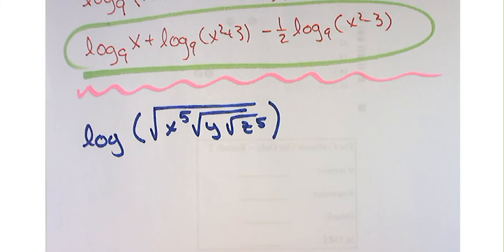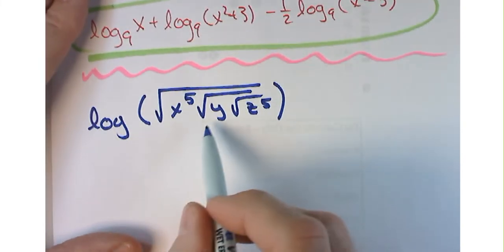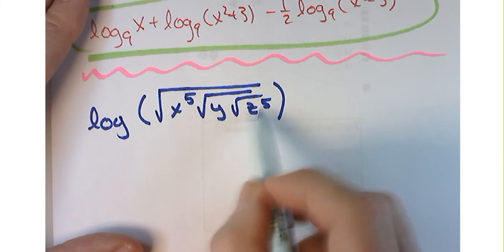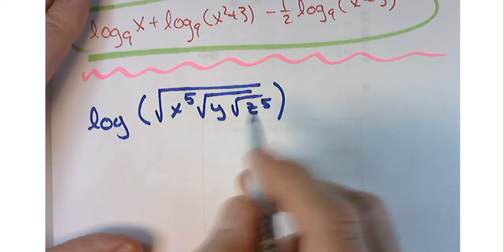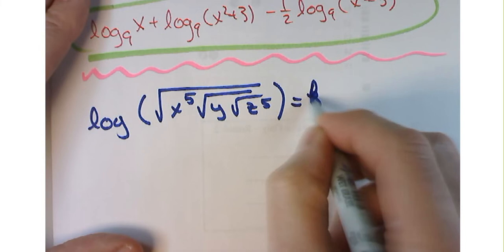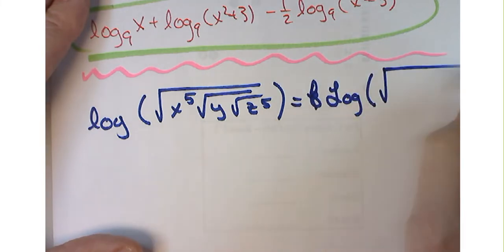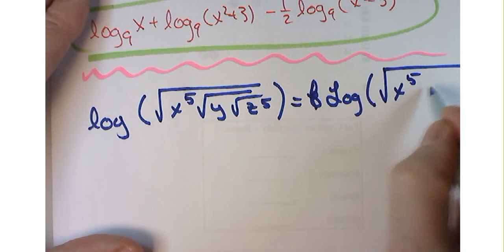So let's take a look here. I'm going to start out with this term here in the parentheses. And rewrite that, let's do the log of the square root of x to the fifth as the square root of y.